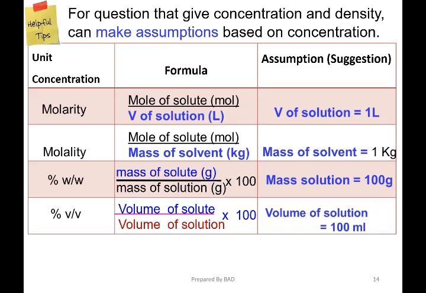For percentage by mass, since the formula involves the mass of solution in gram, we can assume mass of solution is equal to 100 gram. And the last one, percentage by volume, since the formula involves the volume of solution, we can assume volume of solution equals 100 milliliter.